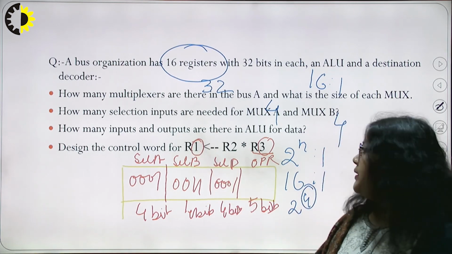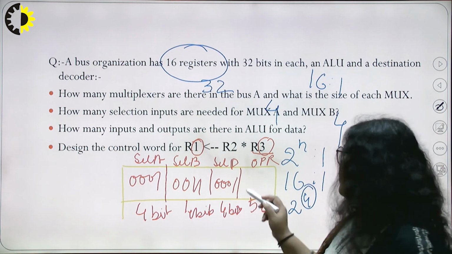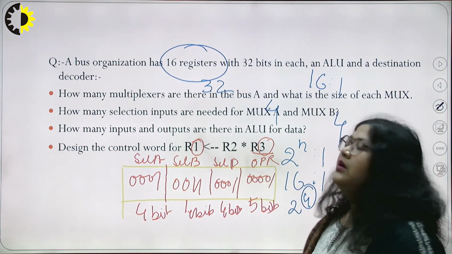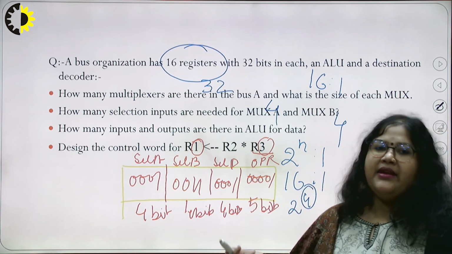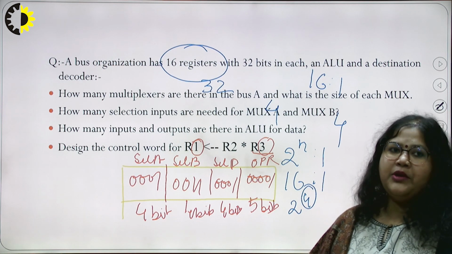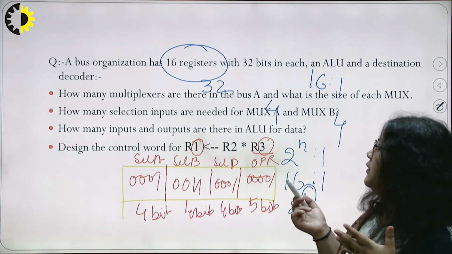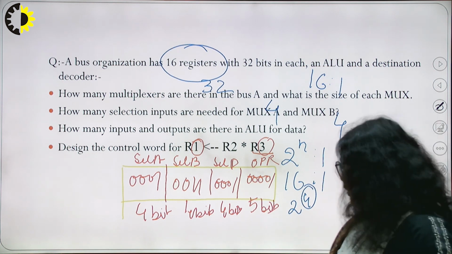This is the output register. Let us assume the multiplication operation uses 5 bits, which is 0, 0, 0, 0, 1. You have to assume any binary value for the multiplication operation. So this is the basic of the general purpose register organization, and this is a very important topic of computer organization. Thank you for this lecture.